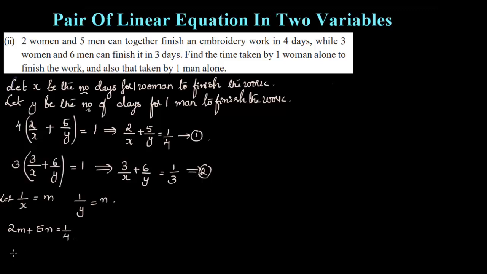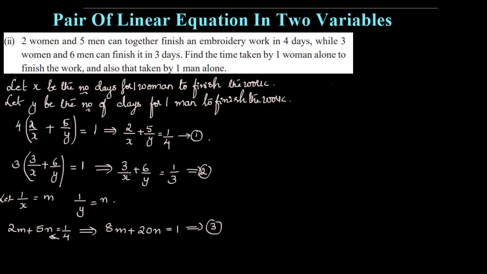And let me reduce it a little further. Now if I cross multiply this 4, then this 4 will be multiplied with all the terms here. So 4 2s are 8m plus 5 fours are 20n is equal to 1. So this is my third equation.